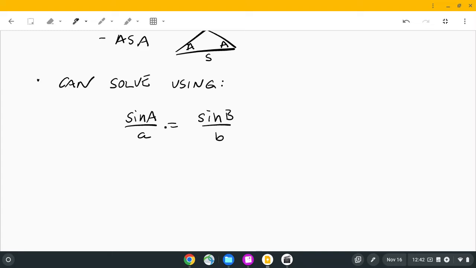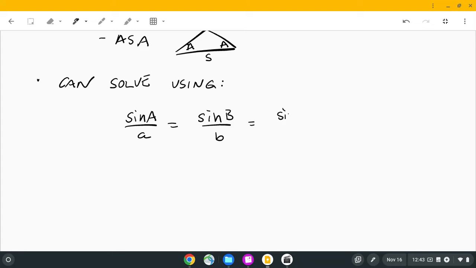So you could set up this equation, and then you'll see here, you'll need at least 3 of these variables in order to solve for one of the missing ones. So maybe you're given A, B, and a, or maybe you're given B, b, and one of the A's. I think that's all the different combinations. But it works also with C as well.